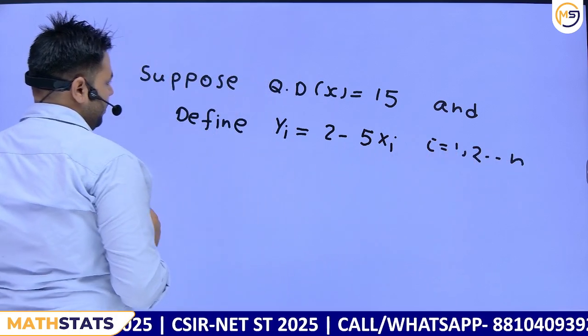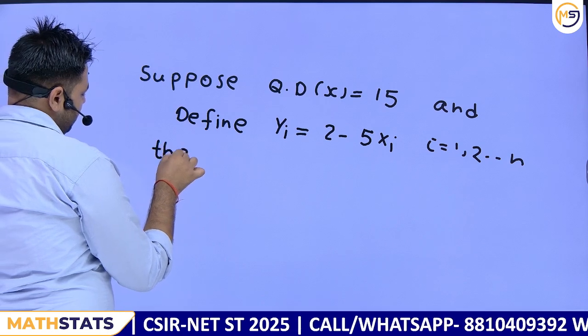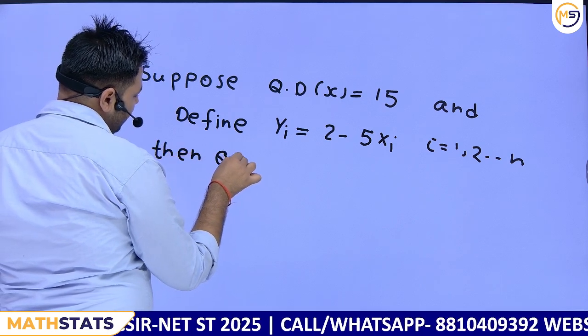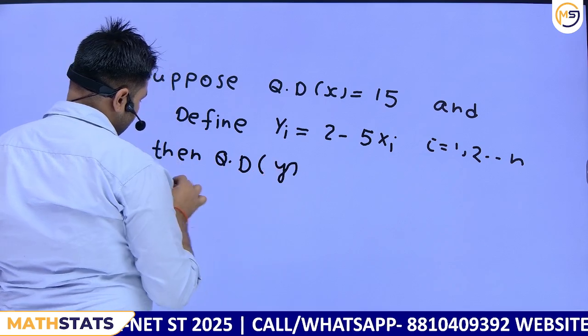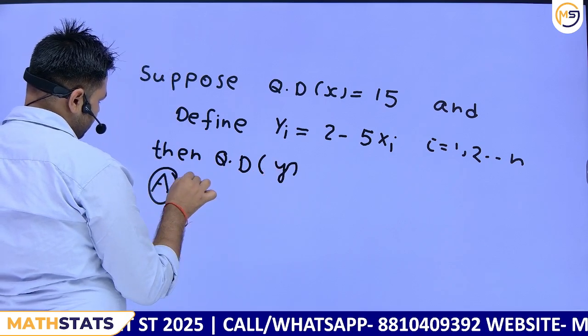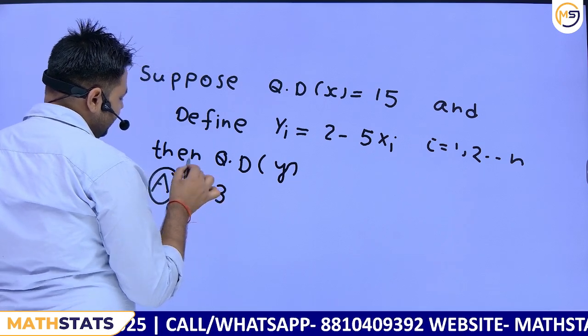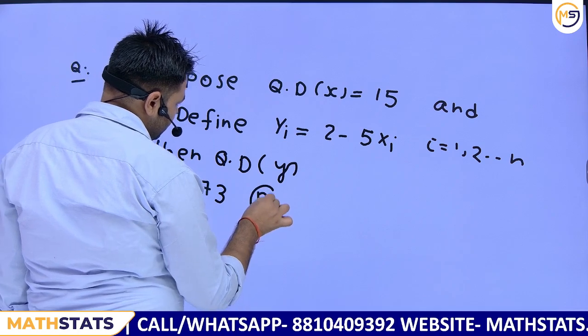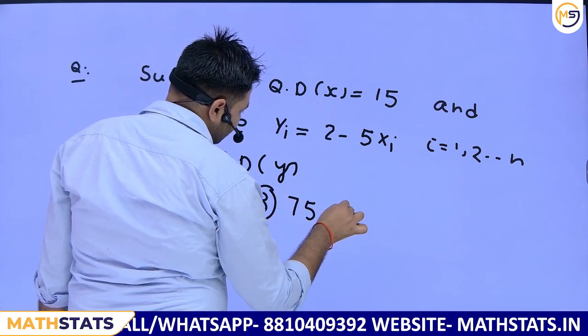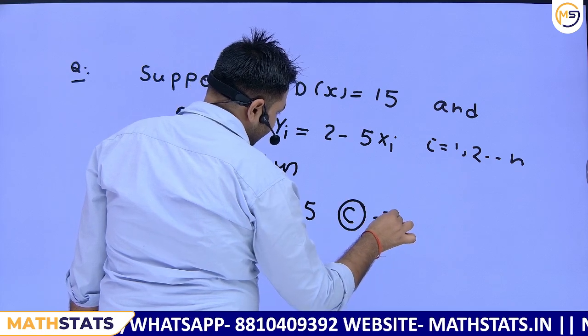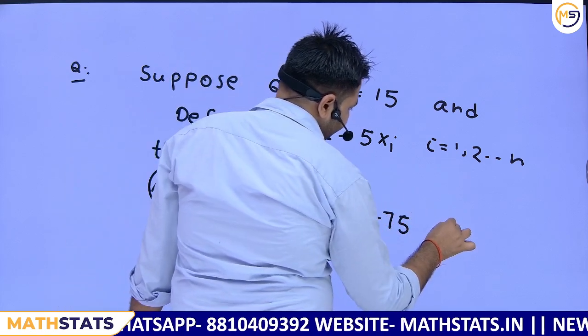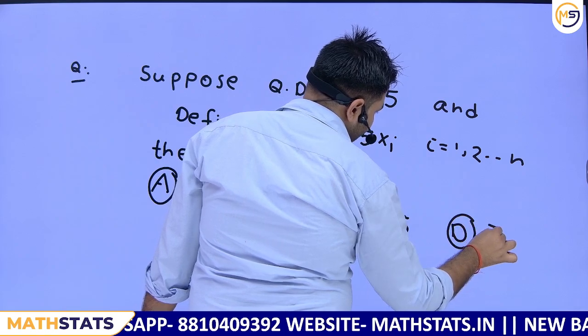Then what is QD of y? First option minus 73, B option 75, C option minus 75, D option 73.